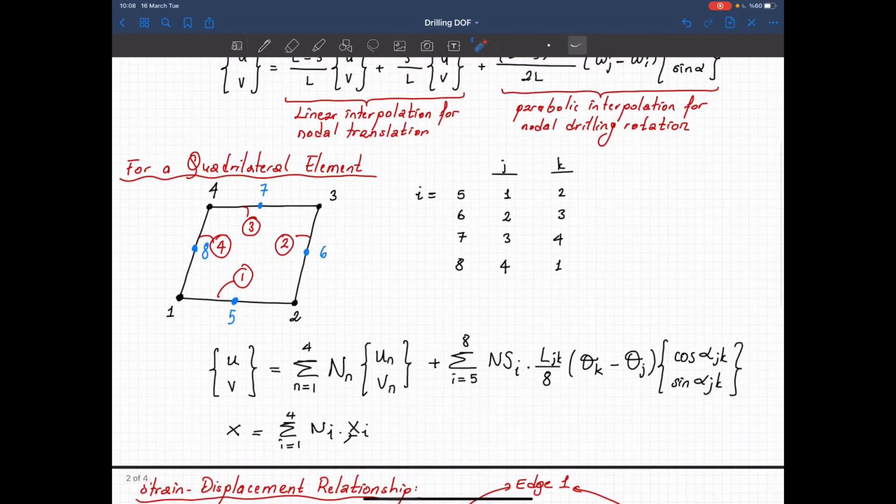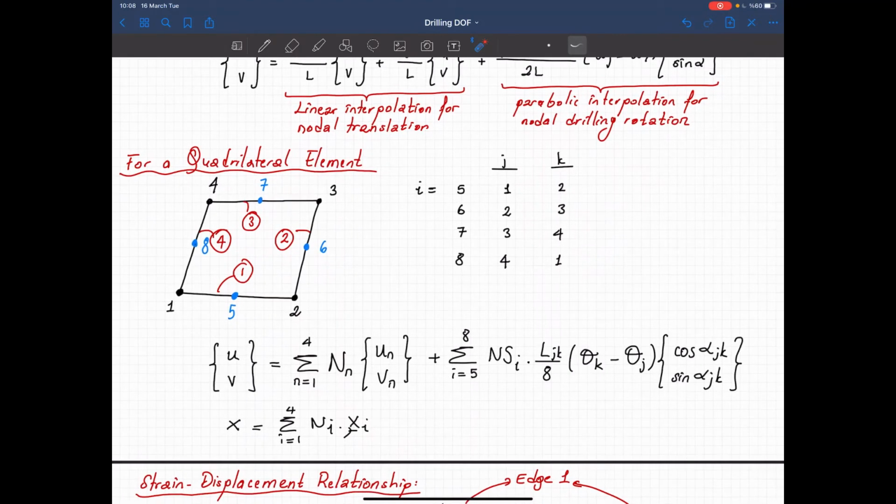In other words, let's say that it moves this much and it moves this much, you have an interpolation like that. So you calculate the differences of these two and obtain your rotation. In other words, here the rotations are calculated with respect to the displacements of the neighboring mid-edges. That's the interpolation here. Okay.